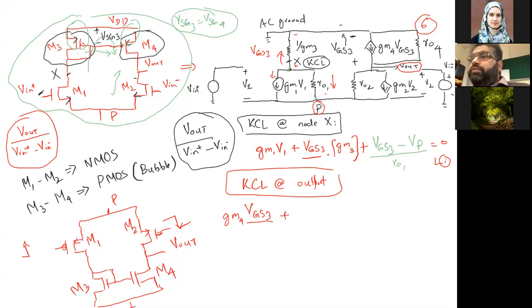One current is Vout by RO4. Okay, Vout by RO4. That's another current. And another current which is also happening here is equivalent to this point.